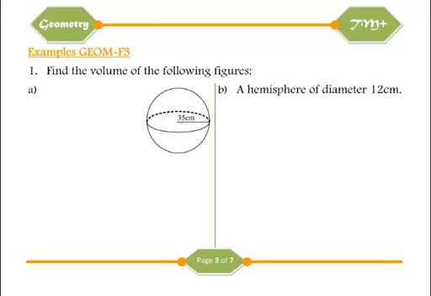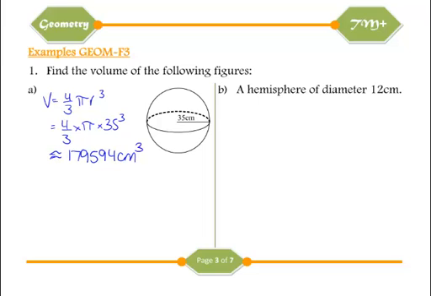We have a sphere to start with, so volume is 4/3 pi r cubed, so that's 4/3 times pi times 35 cubed. Plug that in your calculator and you get approximately 179,594 centimetres cubed.